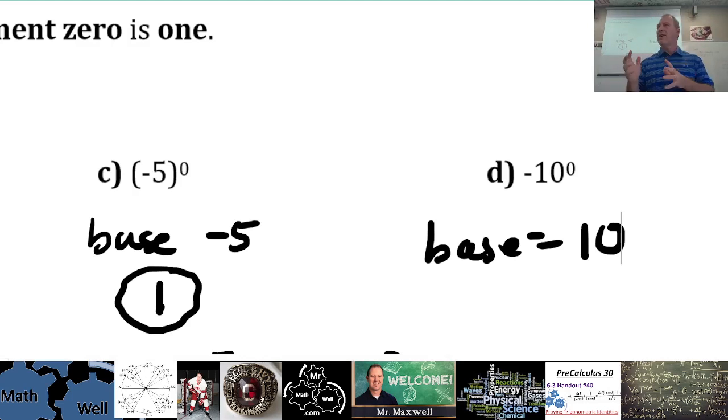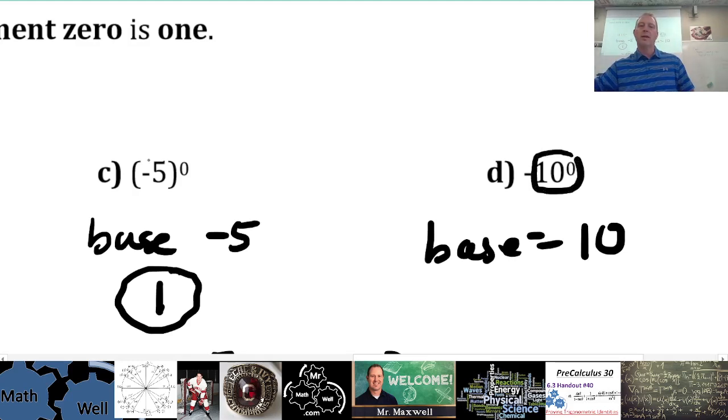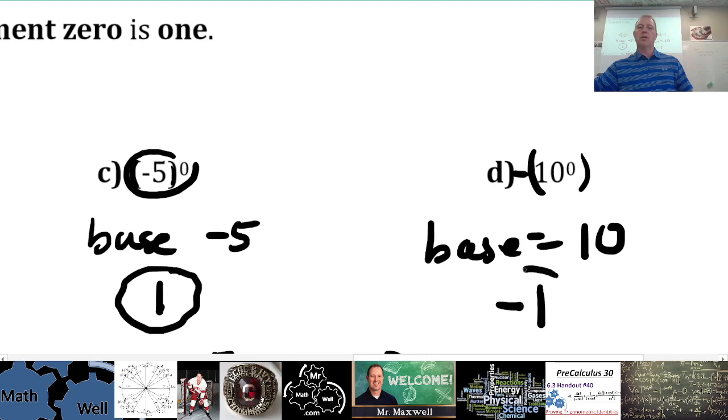D does not have those brackets, so remember the exponent only applies to what is immediately before it. If there's no brackets, it just applies to the 10. So the base is 10, and the value is 1, because 10 to the power of 0 is 1, but then you have this negative sign over there, so the answer here is -1.